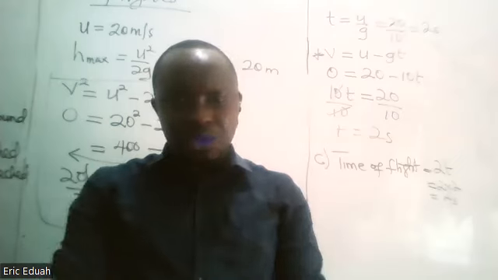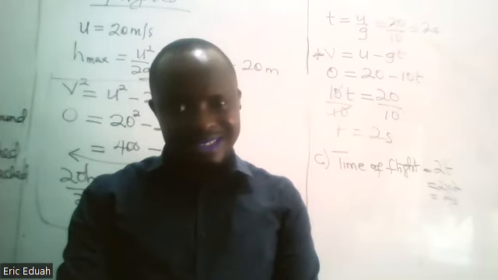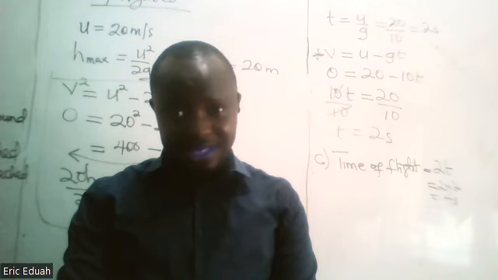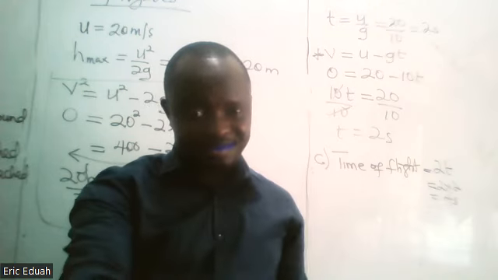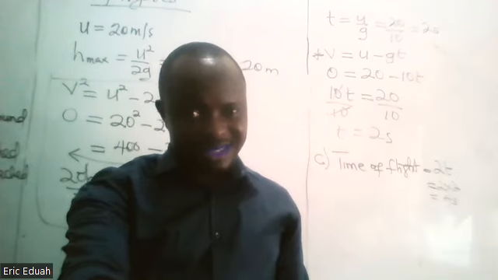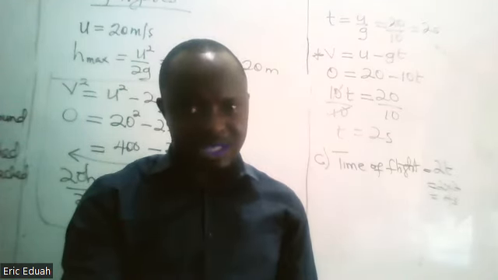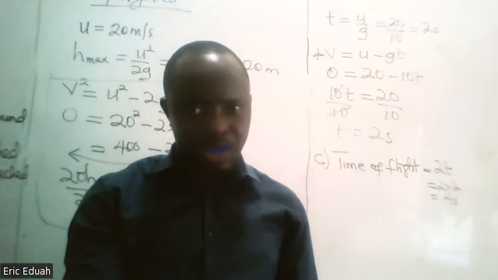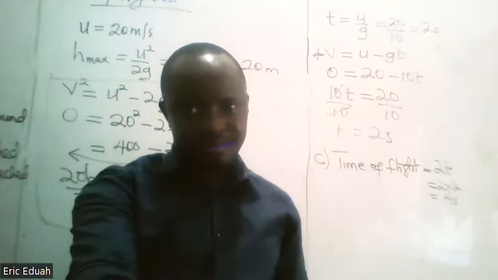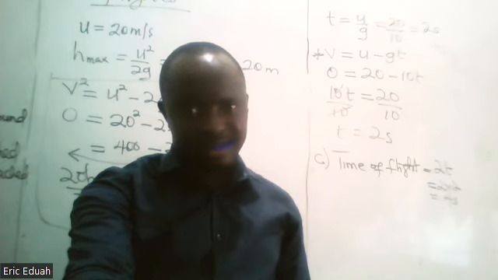So why 20? You get my question? Because once the body is at the maximum, the velocity there is 0. Akosia, what do you have to say? V squared is equal to U squared plus 2GS.